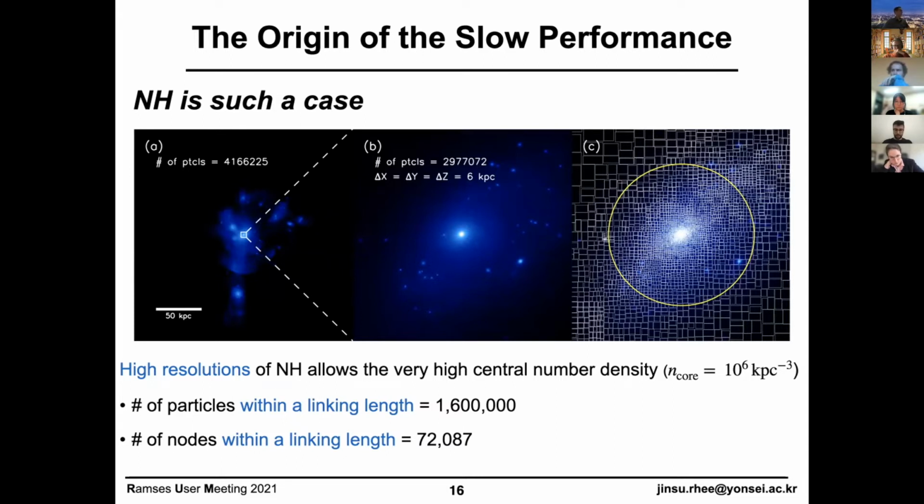The third panel shows the same plot as the middle one, with the linking length sphere and the KD tree nodes drawn together. For the particle located at the center, there are 1.6 million particles within the linking length, and 70,000 nodes within the search sphere. Thus, about 40% of the total particles are located within the search distance of just one central particle.